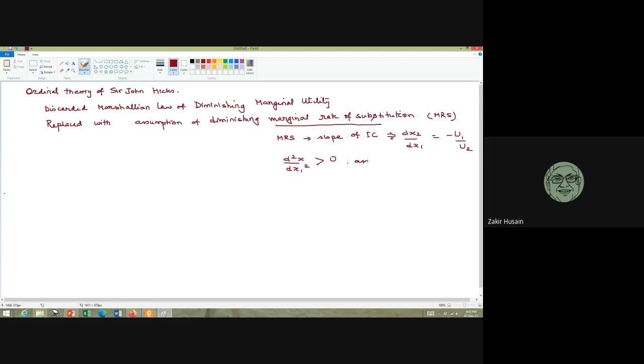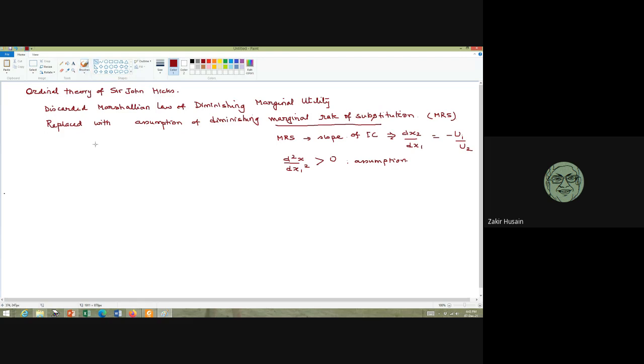So this is by assumption. Remember that you cannot prove an assumption. Hicks assumed that the MRS decreases if you increase consumption of a commodity.